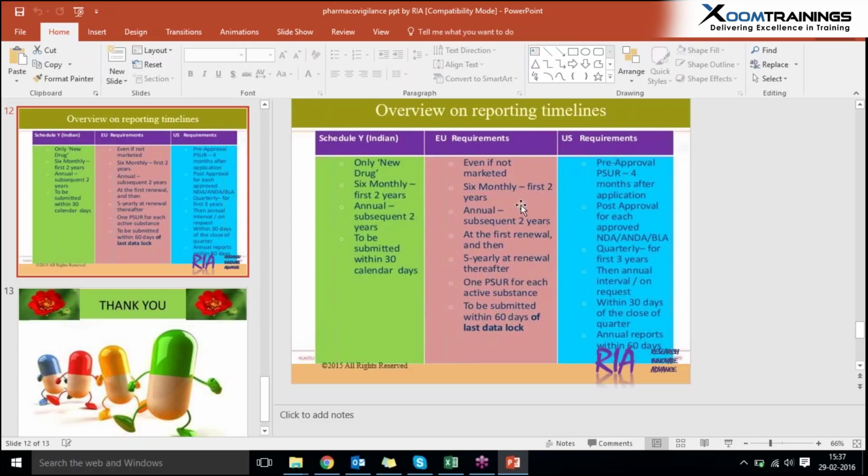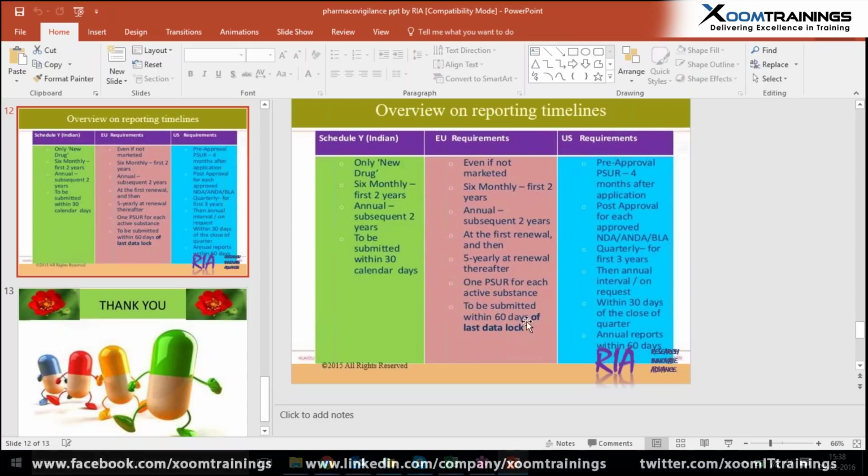So first 2 years 6 monthly, then subsequently annual, every year we will submit it, and 5 yearly at renewal. Thereafter, one PSUR for each active substance to be submitted within 60 days of the last data lock.